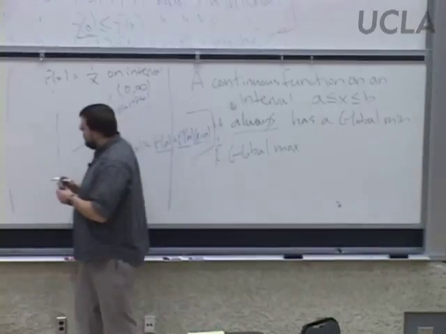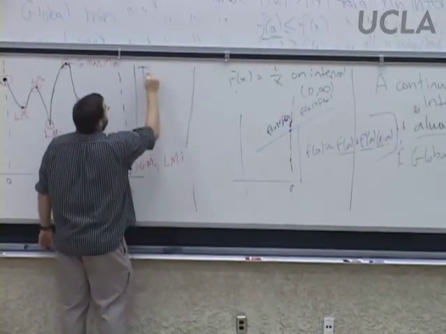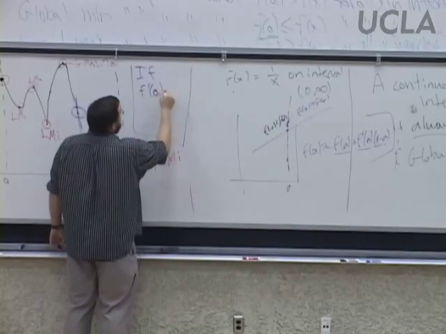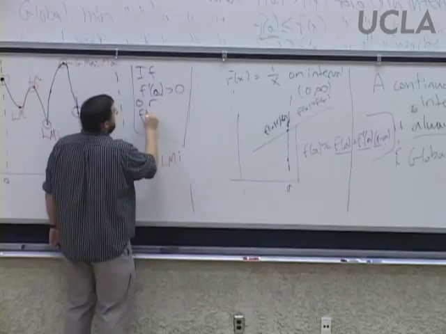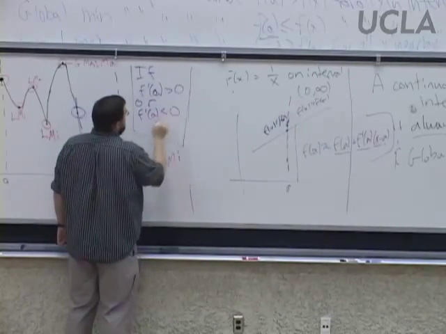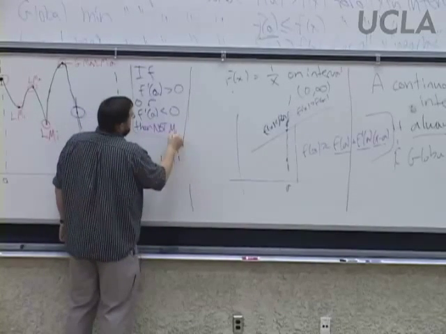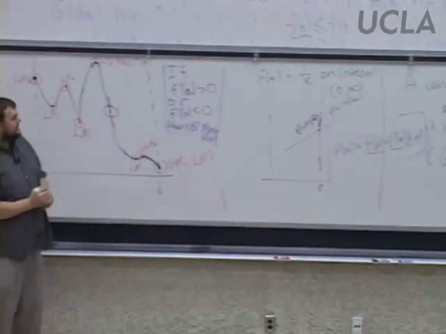Okay, so what do we have? If f prime of a is greater than 0, and by a similar argument if f prime of a is less than 0, then it's not a min or max. Oh, good, we fit it in the box.